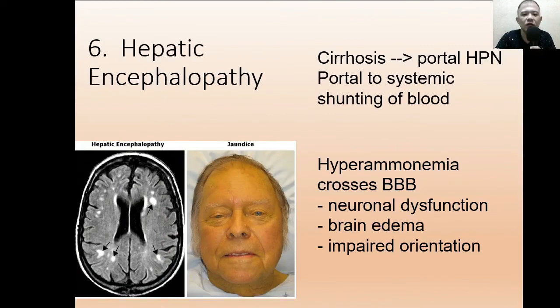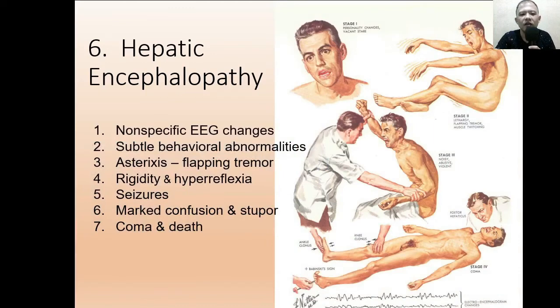We mentioned already before hepatic encephalopathy, wherein you have the retention of ammonia, which is a byproduct of protein metabolism in the blood that crosses the blood-brain barrier. And these are the manifestations.